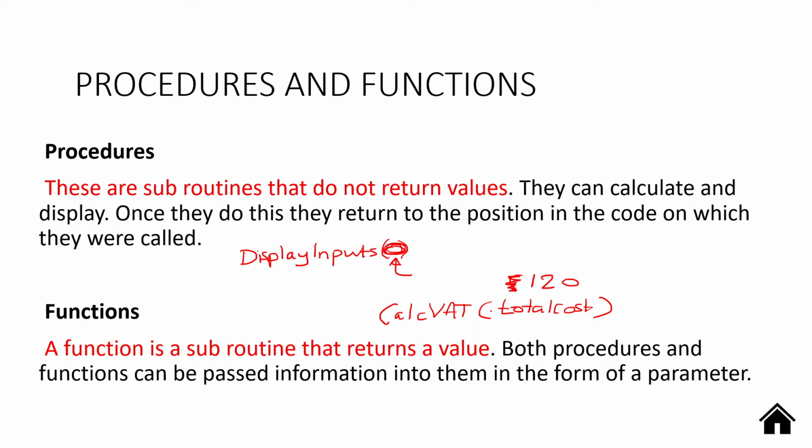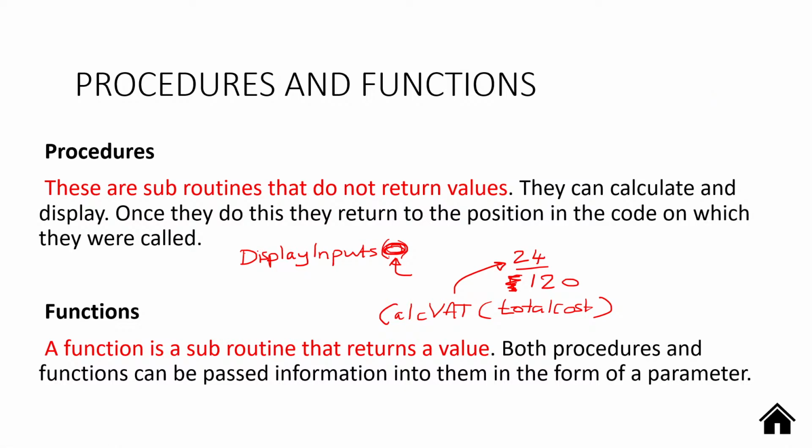I probably wouldn't have a symbol on there. £120 goes in, and then what gets spat out is the amount of VAT to be paid on that, which is £24, because we're at 20%, aren't we? Practice makes perfect with pseudocode, but as long as you are able to explain it, you'll always get marks anyway.